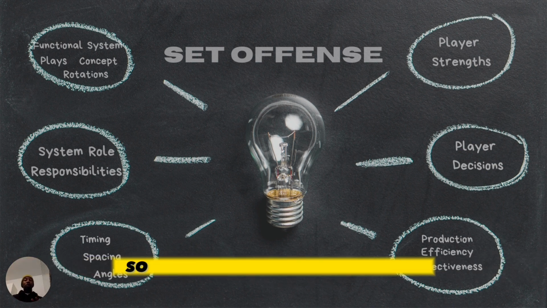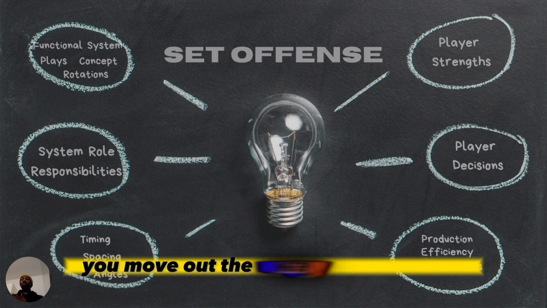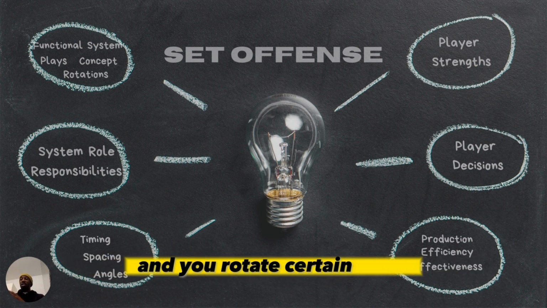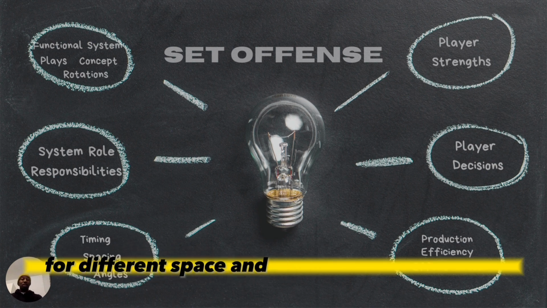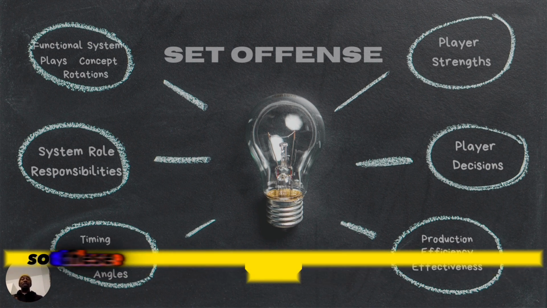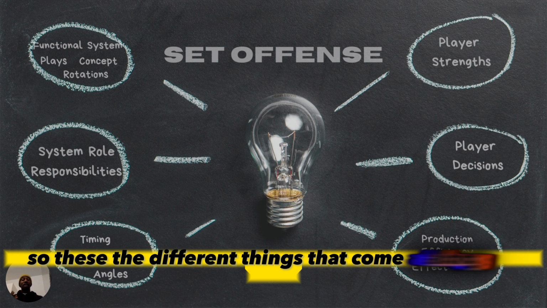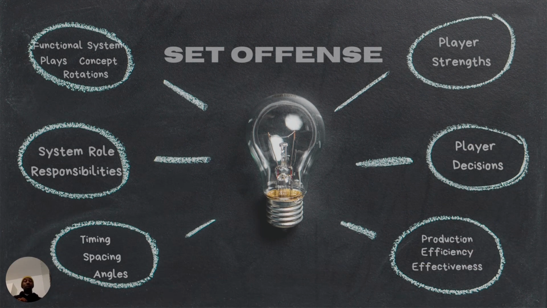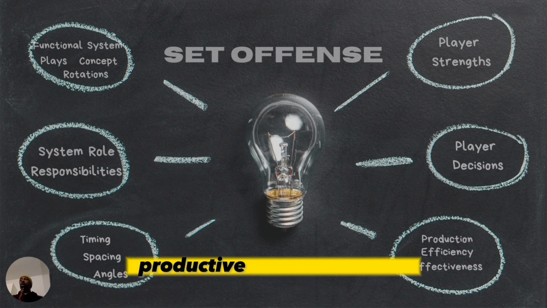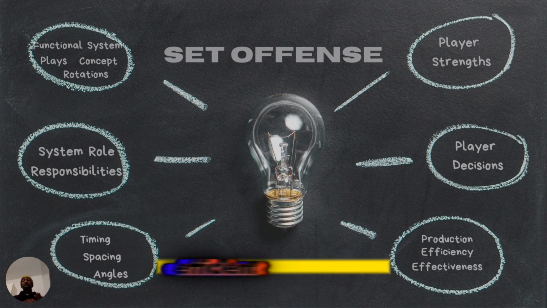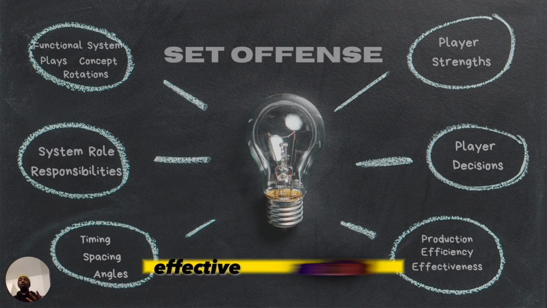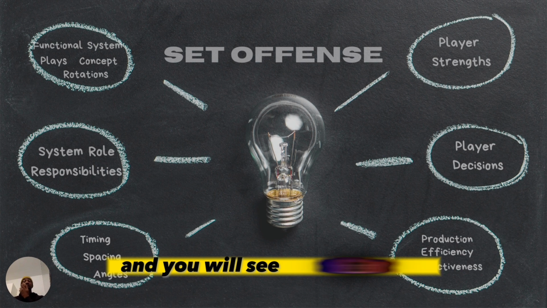You take certain angles, you're there at a certain time, you move out of the way for certain spacing, you rotate to certain areas for different spacing and opportunities. You slash. These are different things that come along with what makes set offense productive or unproductive, efficient or inefficient, effective or ineffective. And you're going to see that at the end.